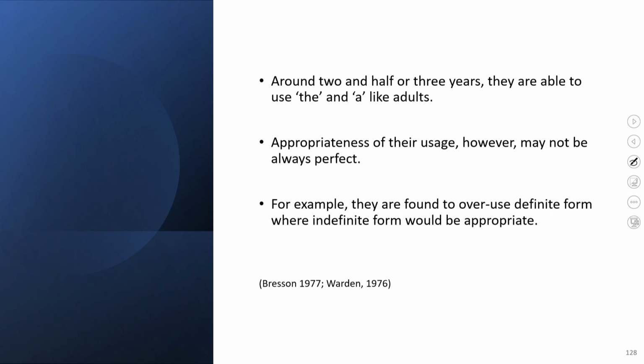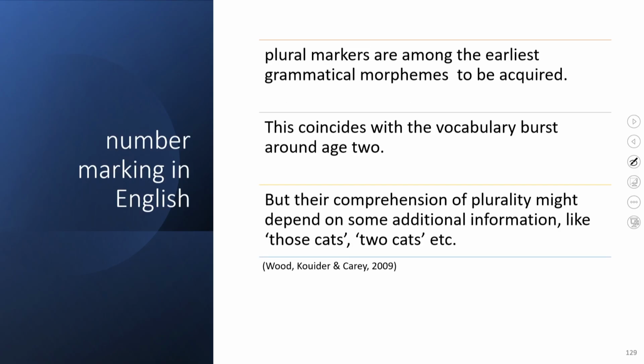For example, they are found to overuse the definite form where the indefinite form would be appropriate. So even though they start using it by 2.5 to 3 years, perfecting the usage takes a little more time. Many studies have pointed this out; these are older, but newer studies have similar findings.